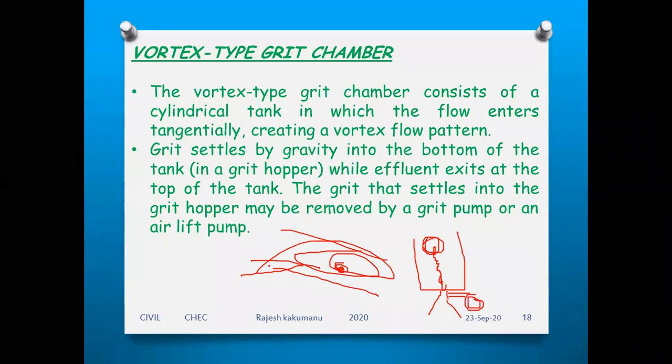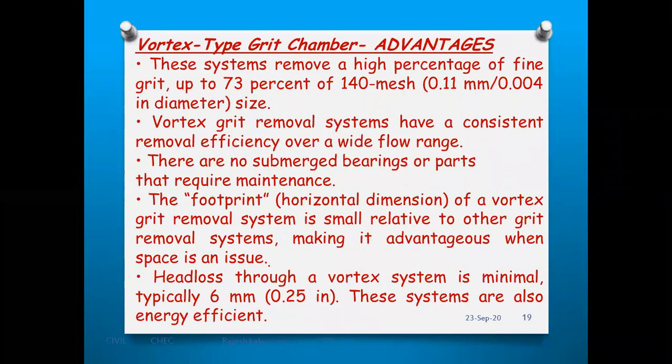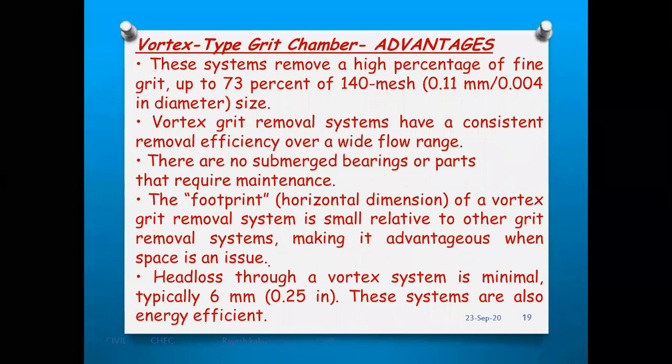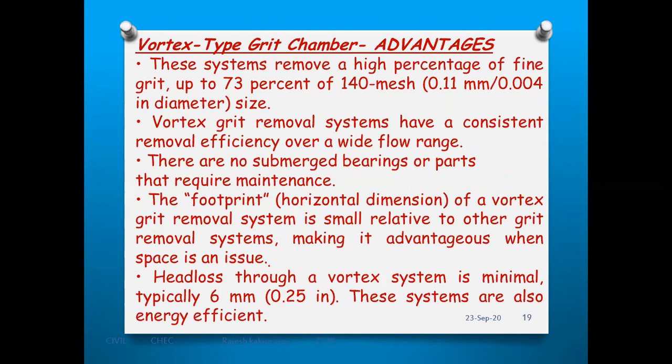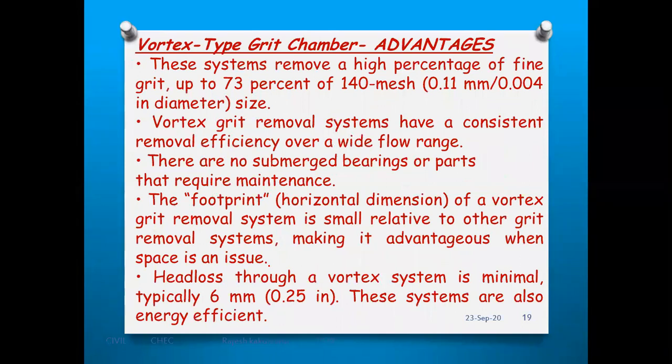That is the setting of the vortex type of grit chambers. Then what are the advantages of the vortex type? These systems remove a very high percentage of fine grit, up to 73% of 140 mesh size.